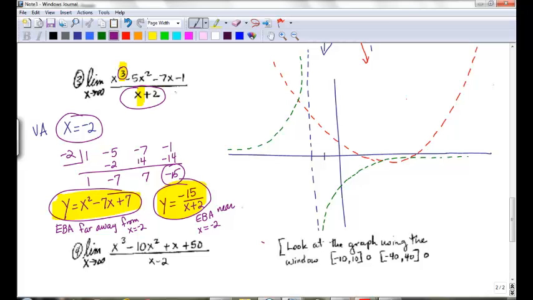It looks like the graph is coming up here, and I would have to investigate more. Is it actually crossing? Where is it going? Is it staying on the outside? Something like this.